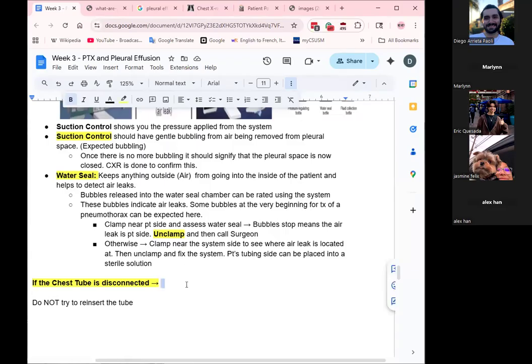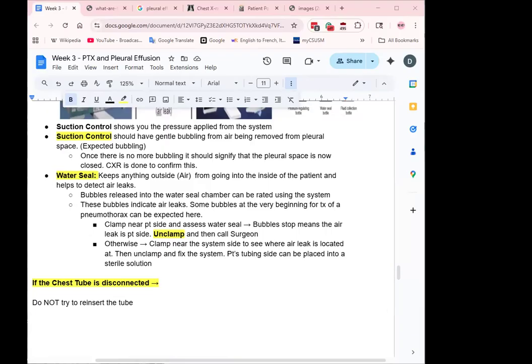Okay. So does anybody know what to do if the chest tube gets disconnected? Like, what are you supposed to do? Aren't you supposed to put Vaseline impregnated gauze over it? Exactly.